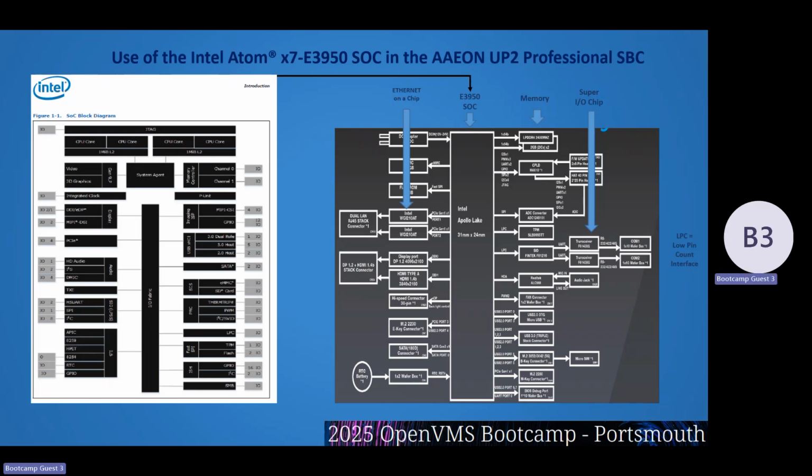So if you look at it here, you'll see here are the 2 LPC low pin count interfaces that were on the Intel over there. Aon connects one of them to a trusted platform module chip. They connect another one to this gizmo called the Super I/O chip. And out of that, you have 2 UARTs coming out.